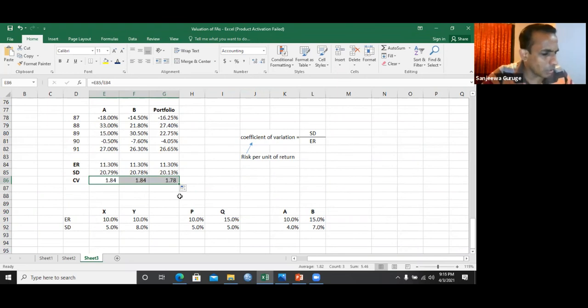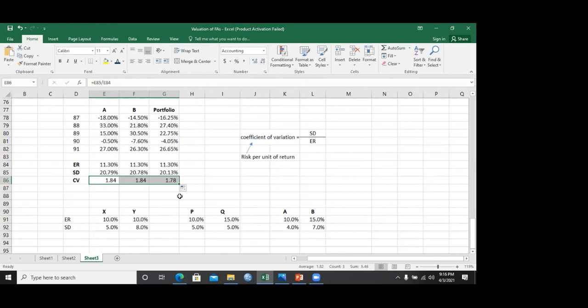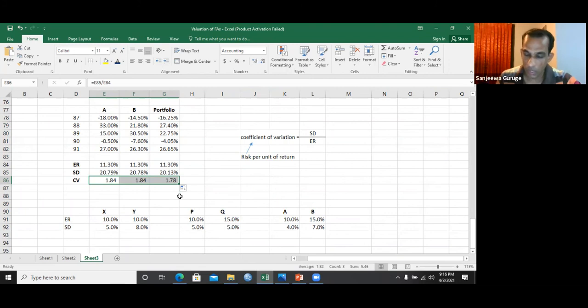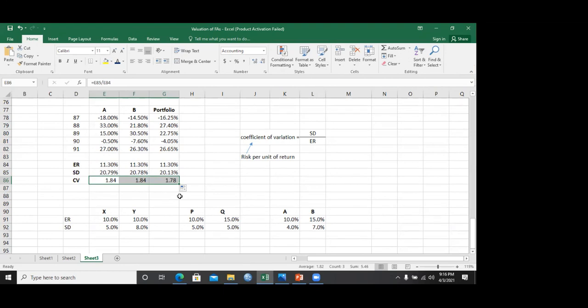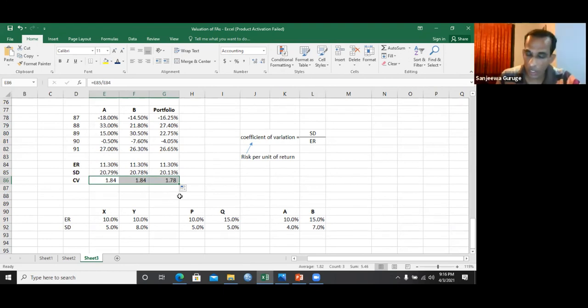So when you calculate the coefficient of variation, what is the better condition for the investor? Is a higher or lower coefficient of variation better? Lower is better. Lower the coefficient of variation is better, right?